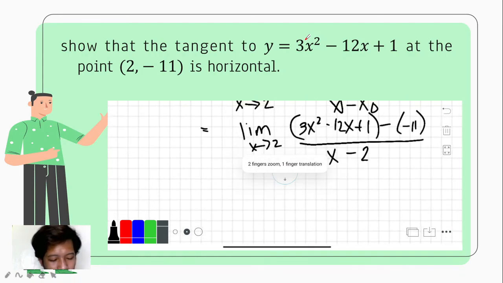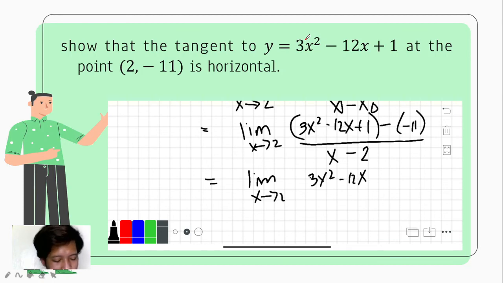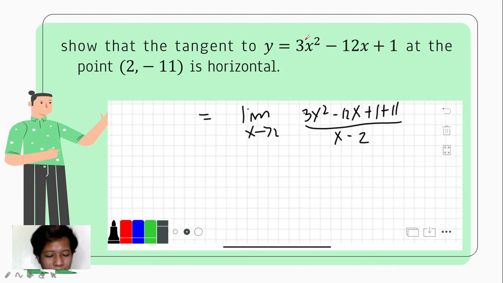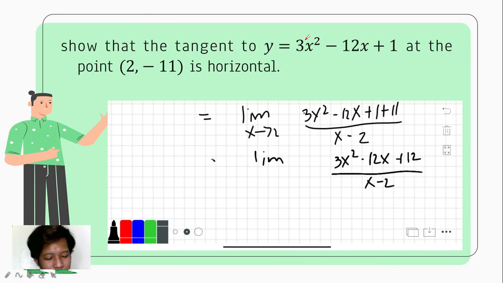Alright, so simplifying this, we would have the limit of 3x squared minus 12x plus 1 plus 11 over x minus 2. Hence, we have the limit of 3x squared minus 12x plus 12 over x minus 2 as x approaches to 2.